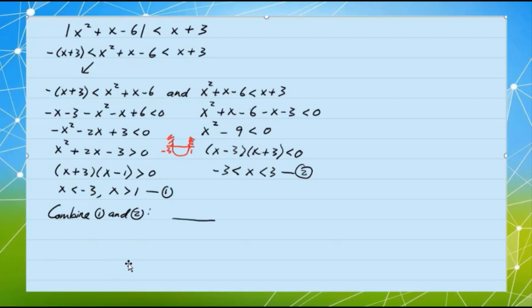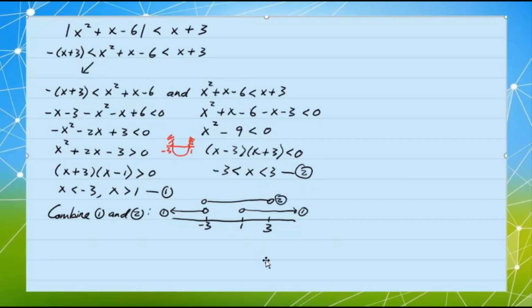First, we mark the number on the number line. We start from negative 3, 1, and 3. For the first set of value of x, x is less than negative 3. Then x is greater than 1. For the second, x is between negative 3 up to positive 3.